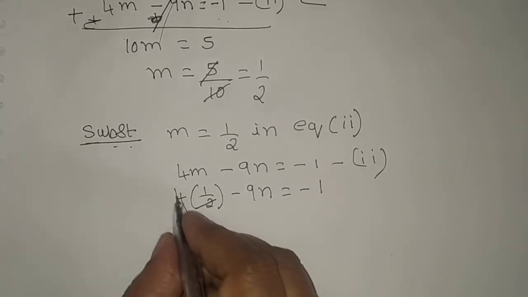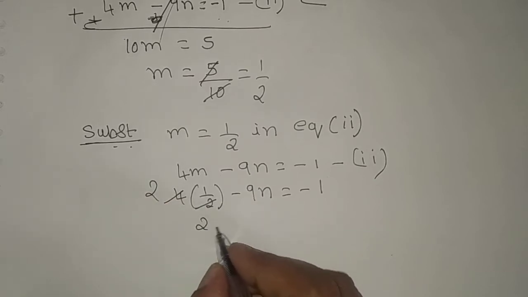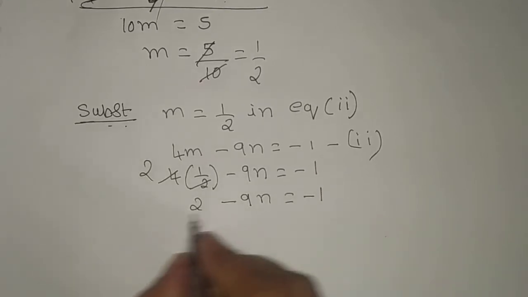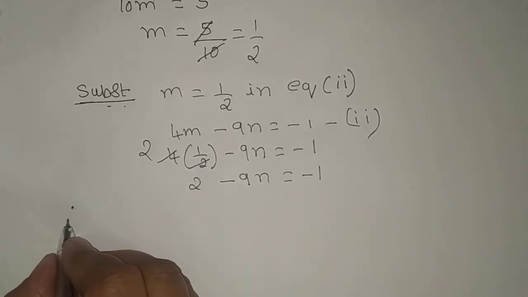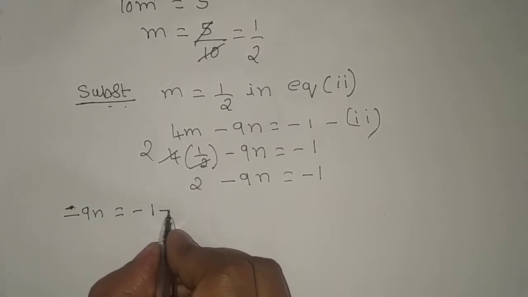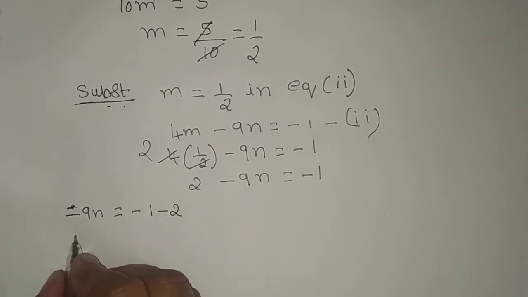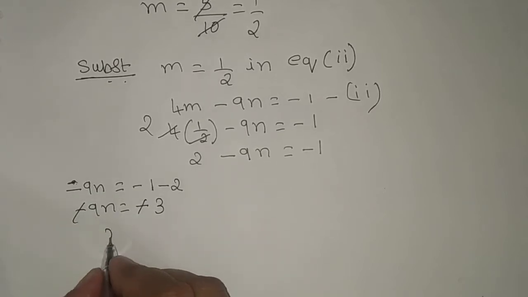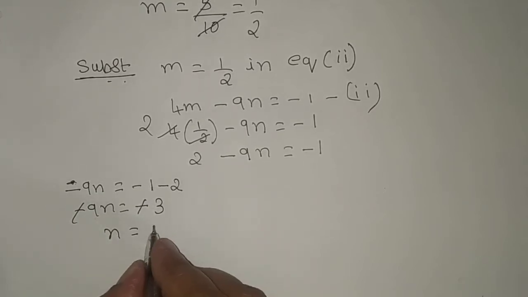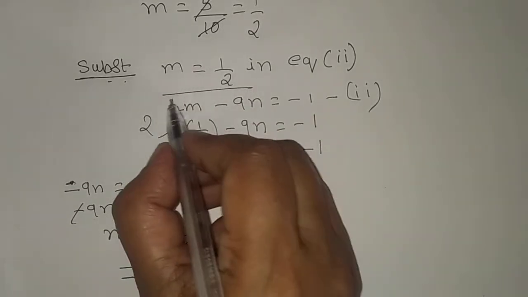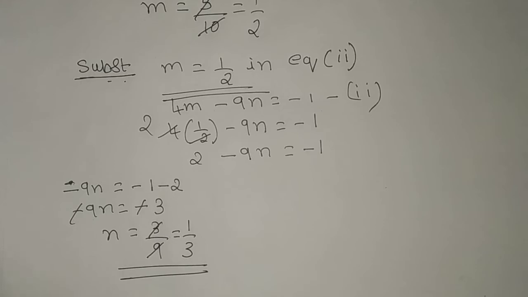Then simplify: 2 1s are 2, 2 2s are 4, therefore 2 minus 9n is equal to minus 1. So minus 9n is equal to minus 1 minus 2. So 9n is equal to 3, minus cancels, n is equal to 3 by 9. 3 1s are 3, 3 3s are 9. Therefore we get n as 1 by 3.